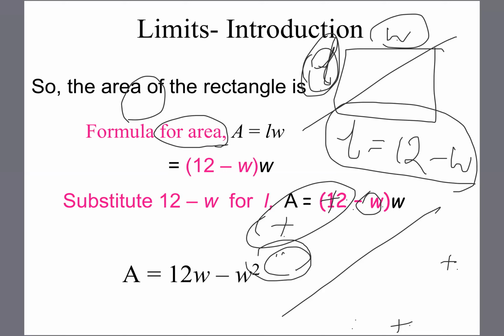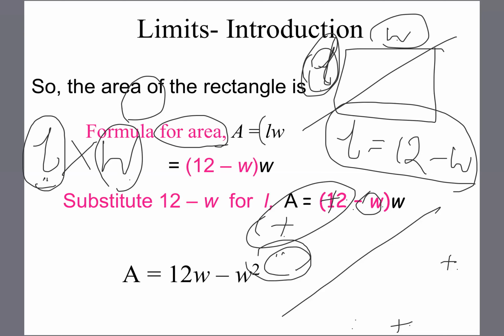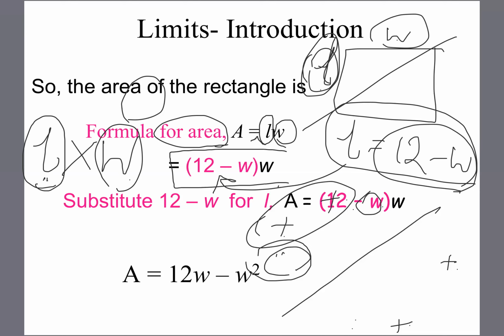In this case, we can write L multiplied by W. And now we know W, and we can write L using W. So instead of L, we write 12 minus W, and next W. Finally, we can say our area equals 12 minus W multiplied by W.